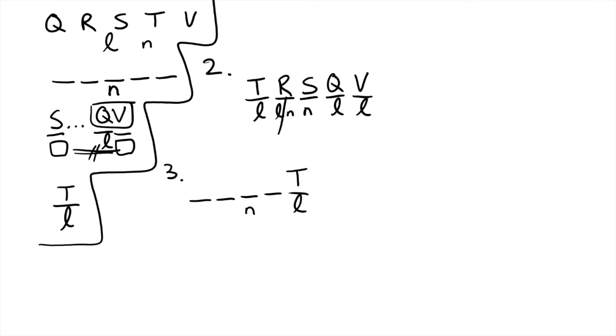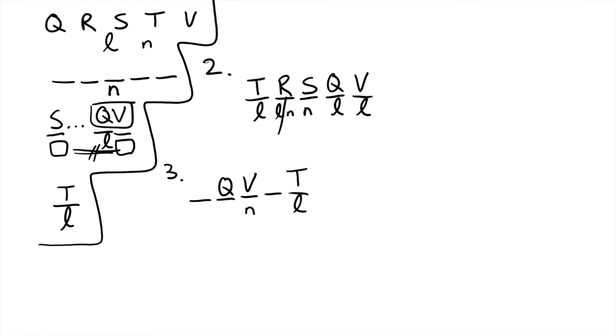Now let's look at this major aggregate rule over here and see that the QV, since the QV has to be after S, it couldn't be in the very first 2 spots, right? But it also couldn't be there because Q is not allowed to be non-local. As we can see from that rule, Q has to be L. And therefore, the only place that Q and V can fit is in 2 and 3, right? It couldn't be 1 and 2 because S has to be before it.